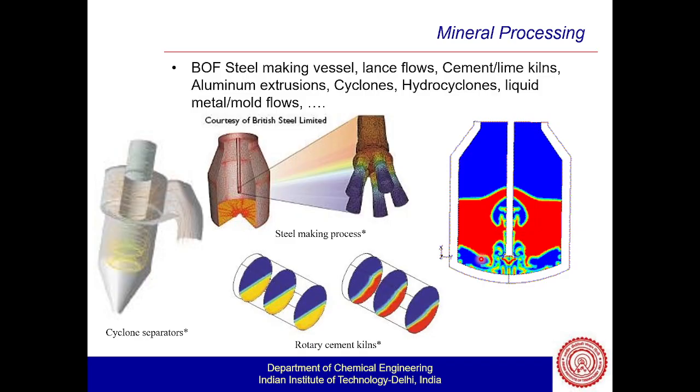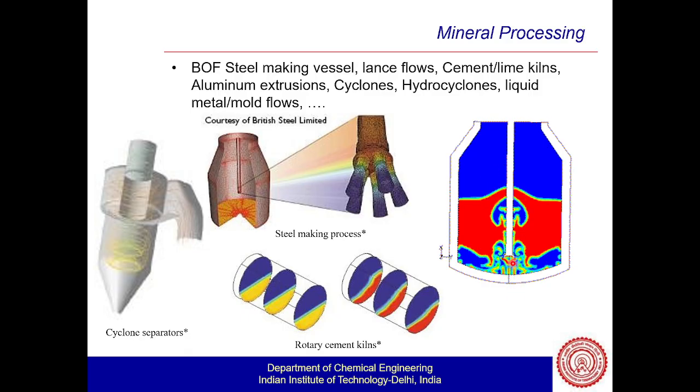Going to BOF steelmaking vessels, lances, flows, cement and lime kilns, aluminum extrusion, cyclones, hydrocyclones, liquid metals or mold flows. As you can see here, in case of steelmaking, we put the pig iron in here and then we put the oxygen lances in here, and the impurities are oxidized and they float as slag. The impurities are converted into slag, which floats on the surface of the oxidized iron itself, and then we can separate the slag from the main iron.